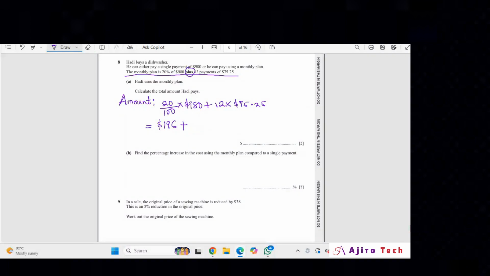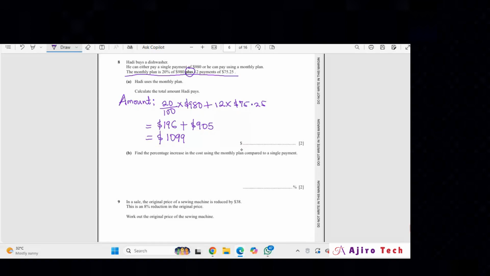Add it plus 12 times 75.25. If you multiply this, it will give us 905. So add it up: 905 plus 196 will give us 1099. That is what I'll get.